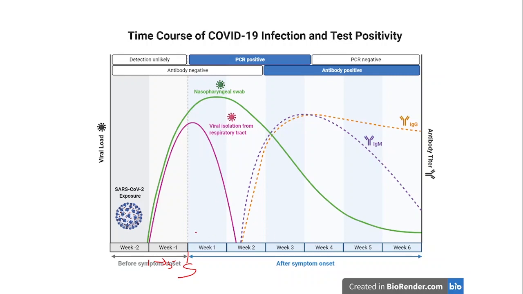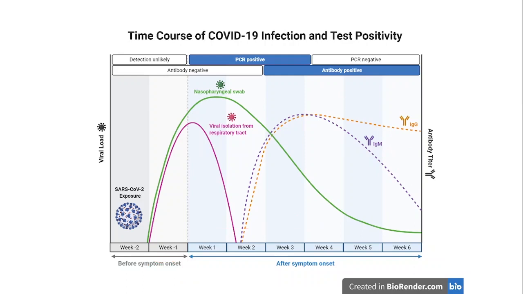Usually until 3 weeks we can detect using the PCR test and it will show positive, but after 3 weeks there is less chance of showing PCR positive, but we can still show an antigen positive test. And if we check the antibody test, it goes around 6 weeks.